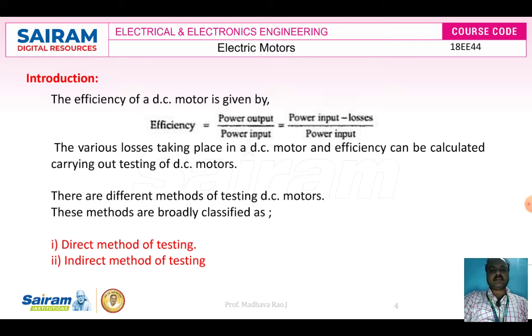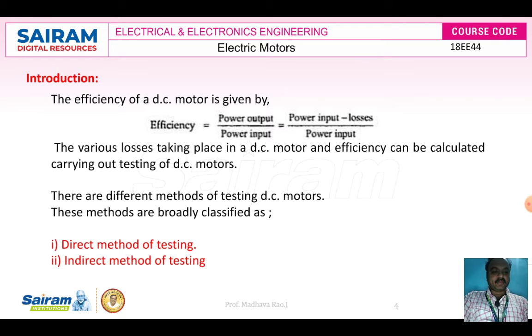This is the definition of efficiency. In DC motors various losses are present, and these, along with the efficiency, can be calculated by testing of DC motors.